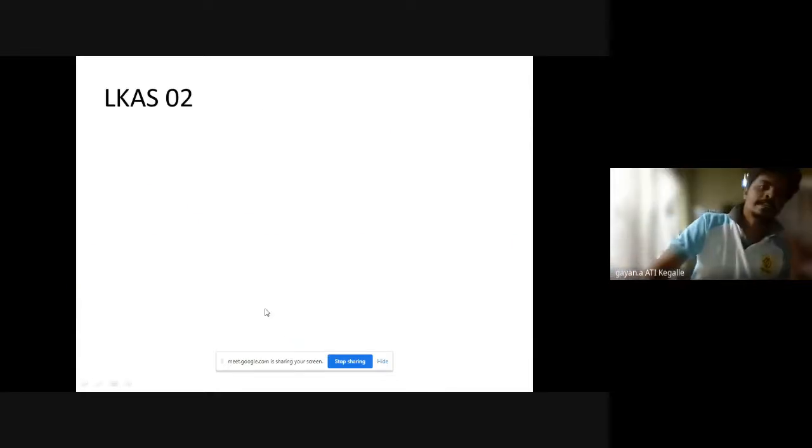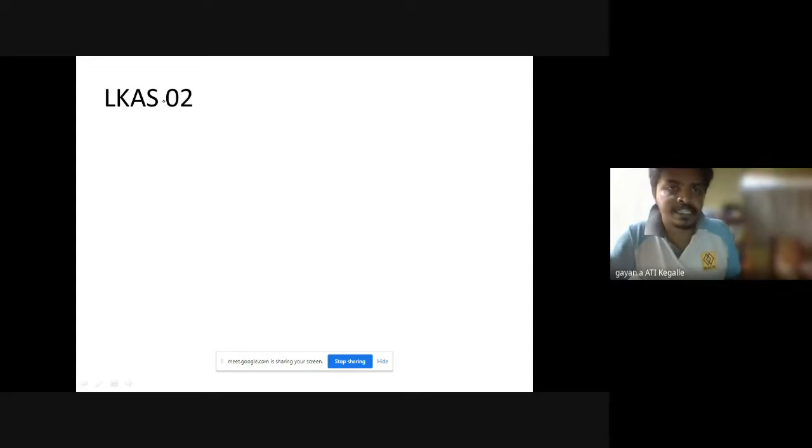Then, as I explained earlier, as I mentioned in early slide, LKAS 2 is the related standard in case of stocks. In this particular slide, I will briefly summarize the things available in the LKAS 2.